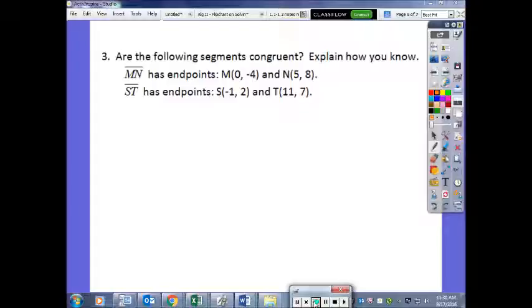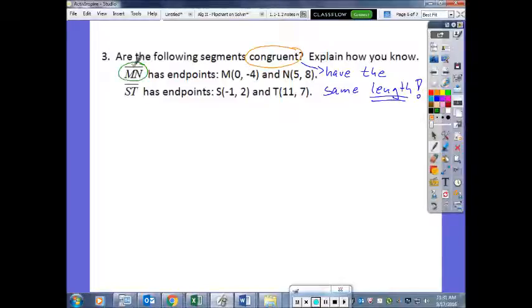Are the following segments congruent? Explain how you know. What does congruent mean again? Congruent means they have the same length, right? So we are supposed to find the lengths of those two segments.